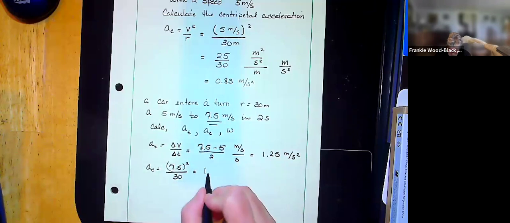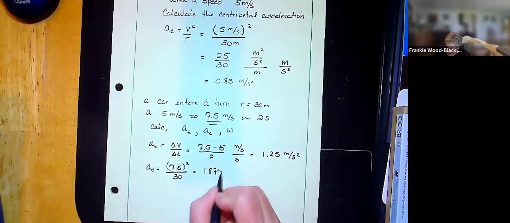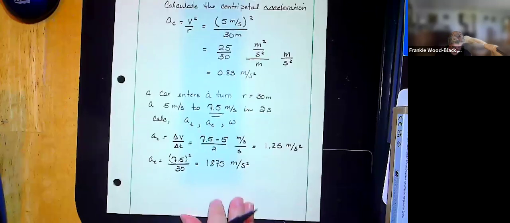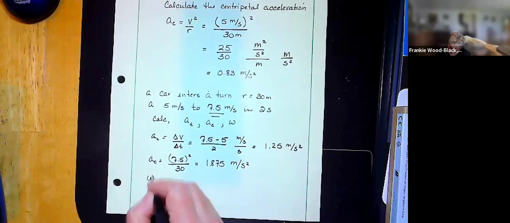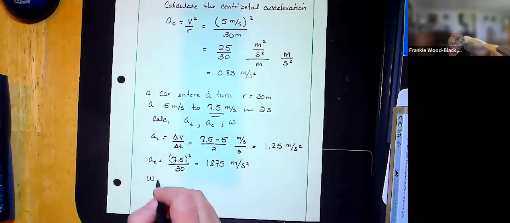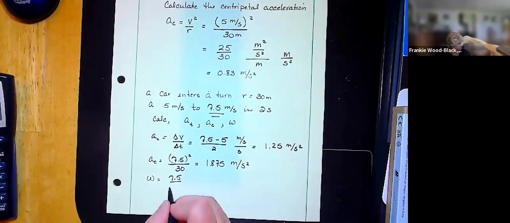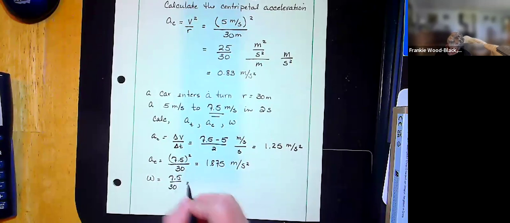It's going to give me 1.875, and that's in meters per second squared. Our angular velocity after we reach our 7.5 is going to be our 7.5 divided by 30.